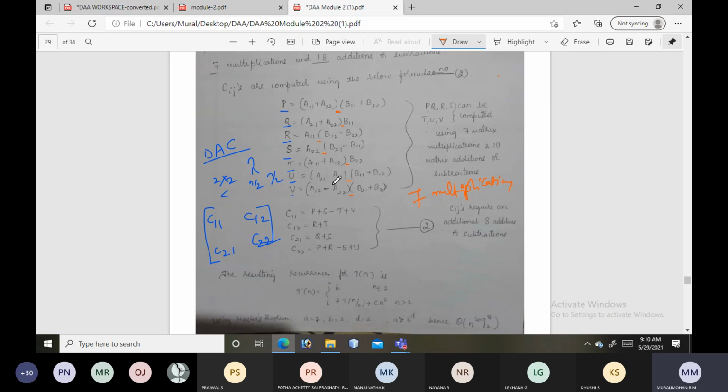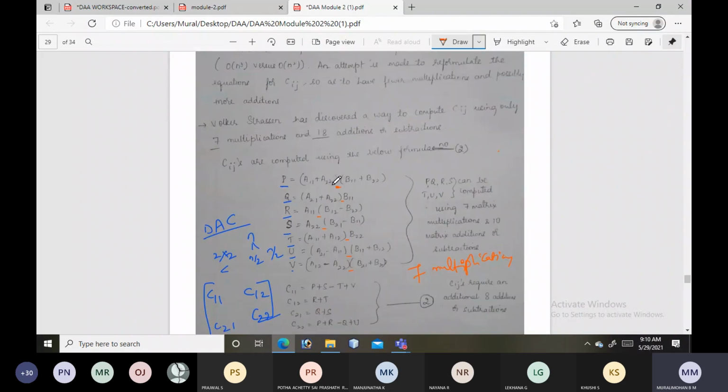We know that the time complexity of addition or subtraction is less compared to multiplication. Hence Strassen has given his own formulas so that he is reducing to calculate C of ij with 7 multiplications and 18 additions or subtractions, right?